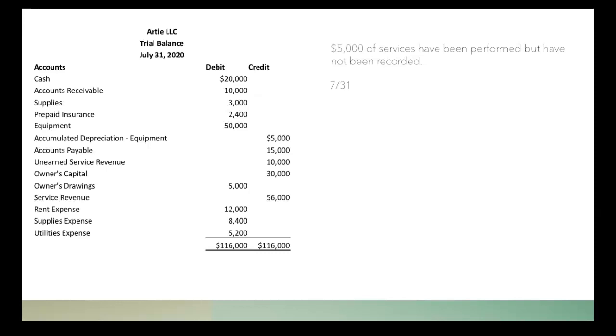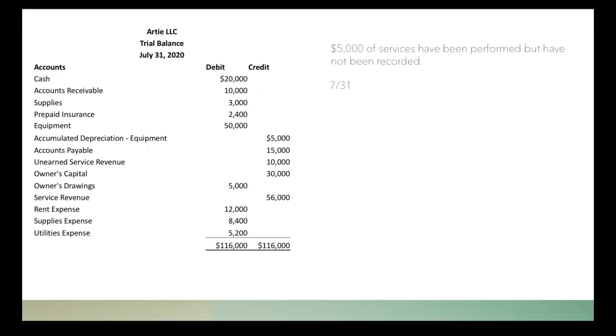If you would have performed these services and brought back $5,000 to the office, someone's going to ask you where you got that $5,000. Here, these services were performed. You haven't recorded them yet. So why not? Well, you haven't gotten paid yet, right? So it just hasn't been recorded.